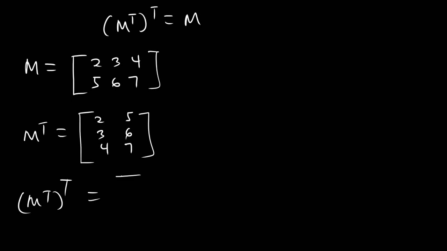Doing this, I'm going to have 2, 5, 3, 6, and then 4, 7. So you see that after doing this, we got the matrix again. So therefore, this property is also true. Okay, let's look at another property.